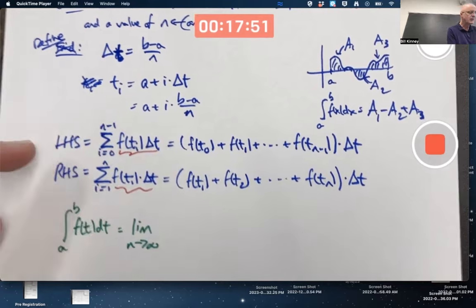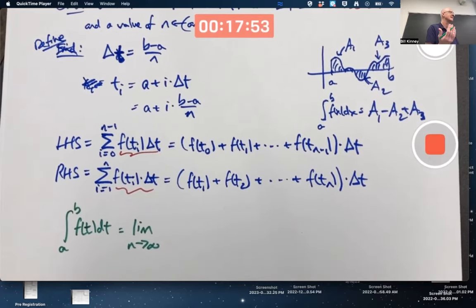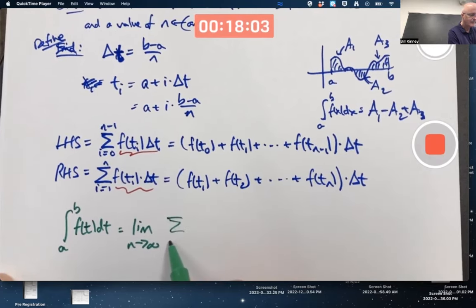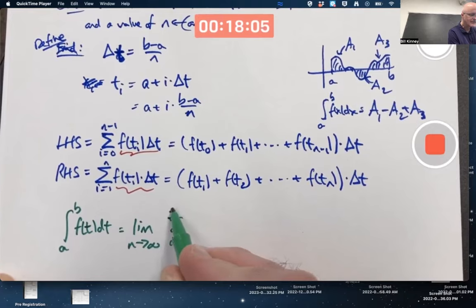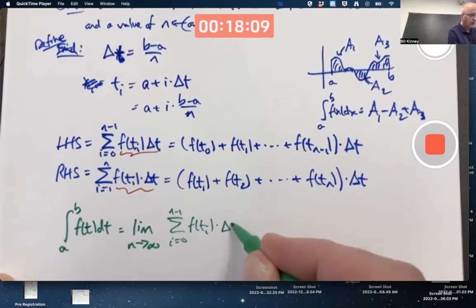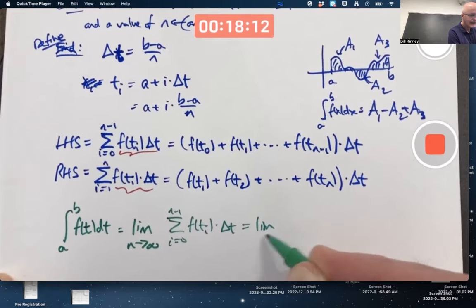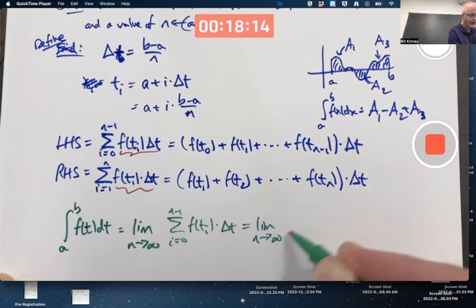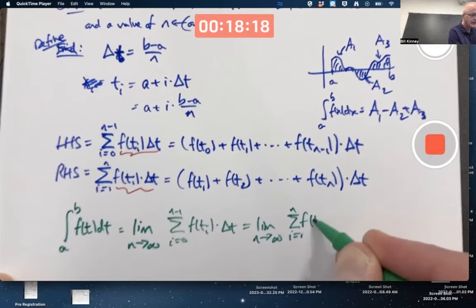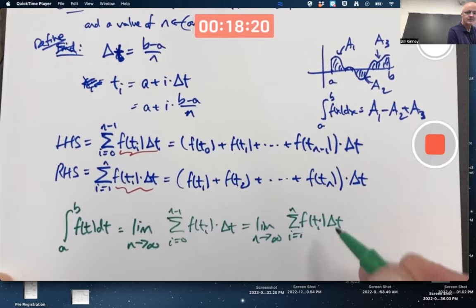Now the left-hand sum and the right-hand sum are different. They do give you different values in general, but as you let n go to infinity, they should have the same limit. So you can write the limit either as the limit of left-hand sums, or as a limit of right-hand sums. It doesn't matter. It should be the same answer in the end.